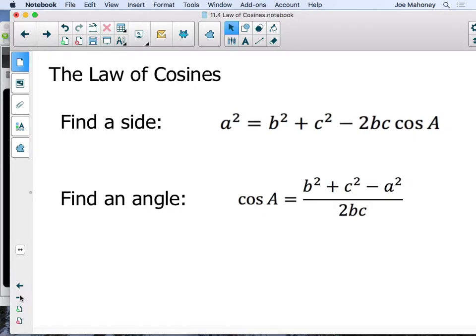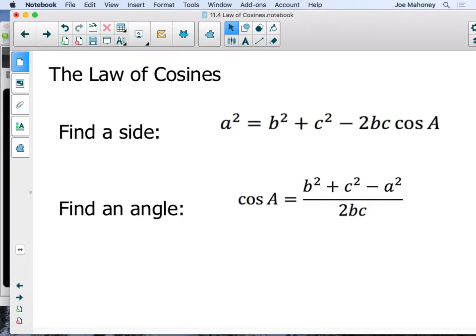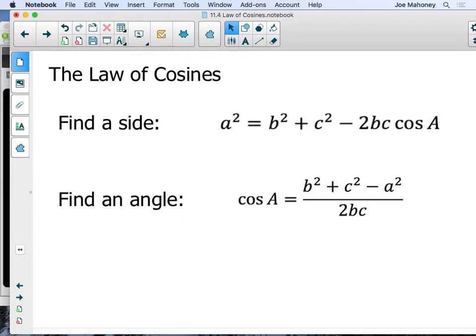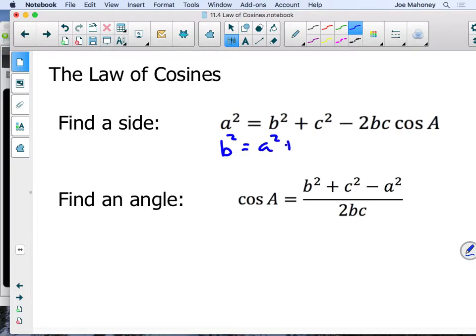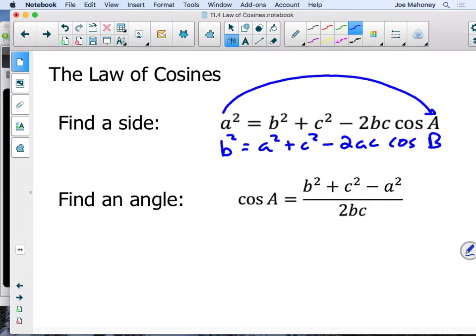Now, we can rearrange the finding a side part a little bit. So if I want to find side B, I can write the equation like this. I'll just put the A and the C together, but that means over here I have to do 2AC times the cosine of B. So notice the relationship between the side and the angle.